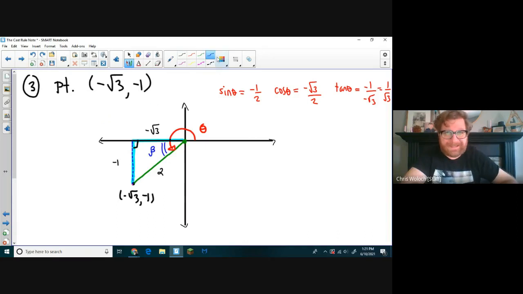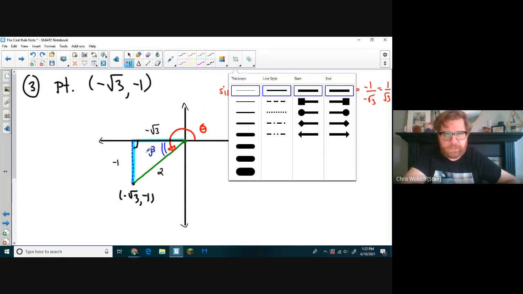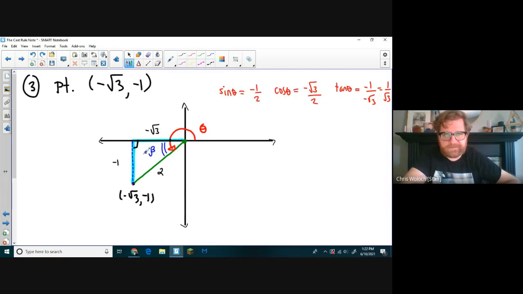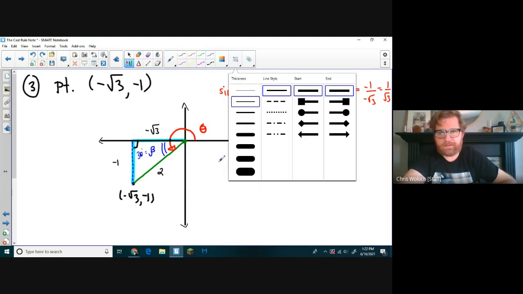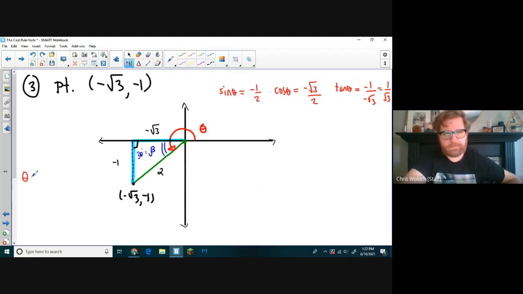And then now, again, what's my beta? We know my related acute here is still 30. It's the same arm that's swinging, but in the third quadrant. So when I think about this using the picture, what is theta? Well, if I look at what I colored in, this is 180, plus this little chunk, which is beta.